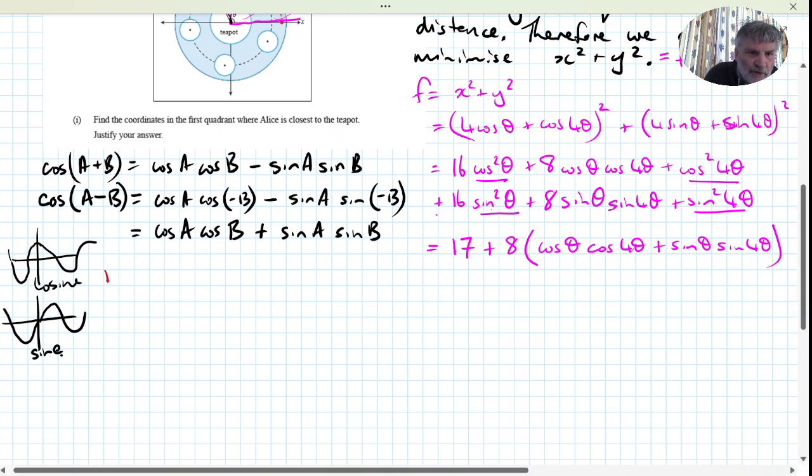If we add these two equations, what happens is the sine terms are going to vanish because one's got a minus sign, one's got a plus sign.